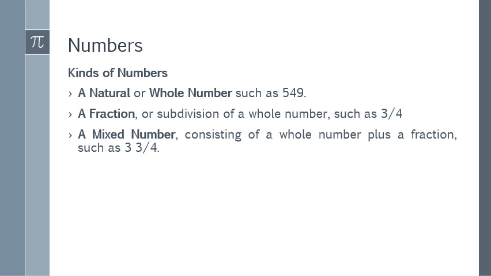The next type is a fraction, which is basically a subdivision of the whole number, like 3 upon 4 or 1 upon 2. The 1 upon 2 represents about half of the quantity. Then third is the mixed number, which consists of a whole number plus a fraction, like 3 and 3 by 4.